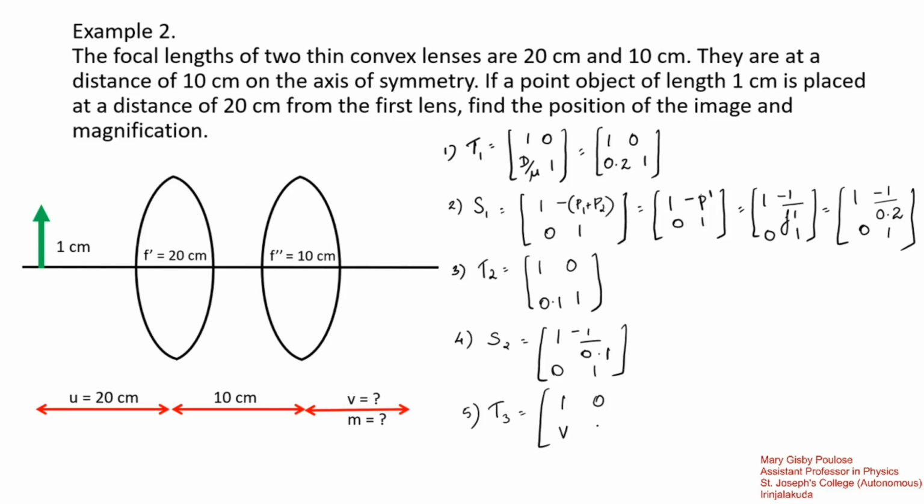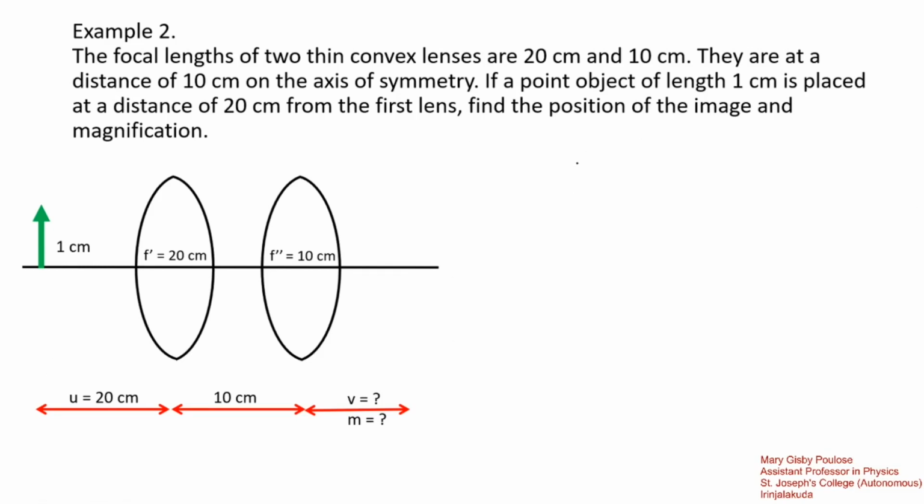Mu is 1 because light travels through air. So these are all the operations taking place when light travels from the object towards the image plane. Hence, to find the system matrix for the image plane, we take the product of all these operations in the reverse order.